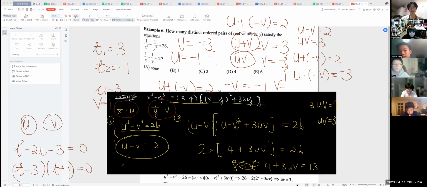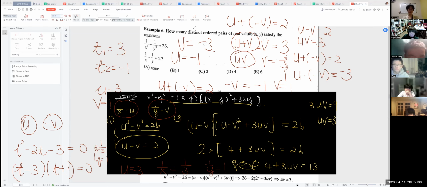Okay, so because u equals 3, 1 over x equals 1 over 3, correct? And because v equals 1, 1 over y equals 1, and y also equals 1. So we have one set of numbers, x equals 1 over 3 and y equals 1.